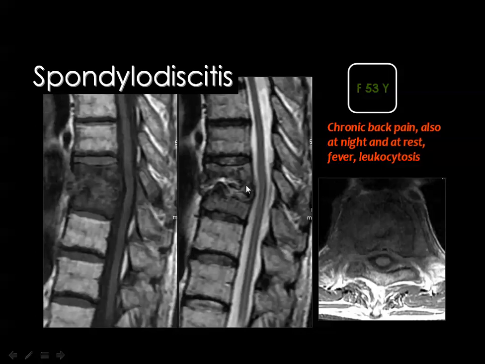There is some intraspinal extension of the inflammatory granulation tissue, which is not compressing the cord. In the axial image, you can see the inflammatory granulation tissue in the prevertebral and paravertebral areas.